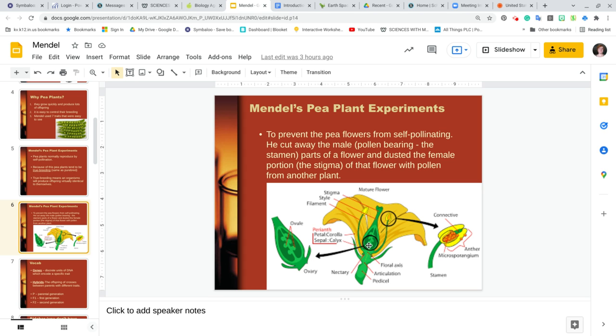And then you would get the pollinated seeds. So if you snip before the pollen is mature, you don't get fertilized eggs. It is that simple.